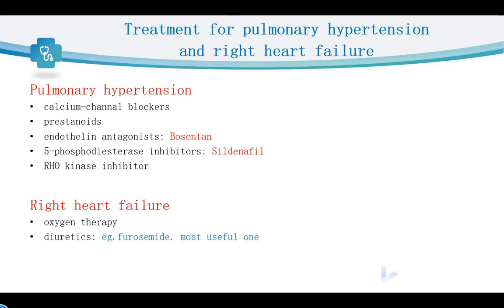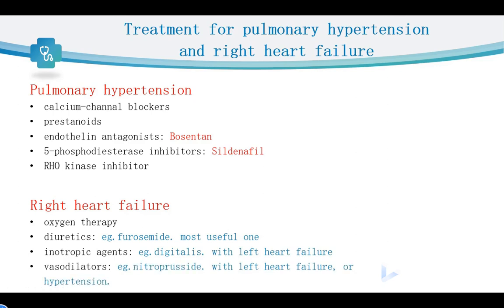Diuretics are a very useful drug for patients with acute right heart failure. Sometimes the patients may need some other drugs for right heart failure, such as inotropic agents and vasodilators. But these drugs are much more useful in patients with left heart failure.